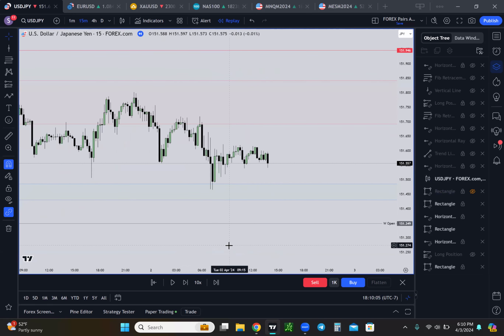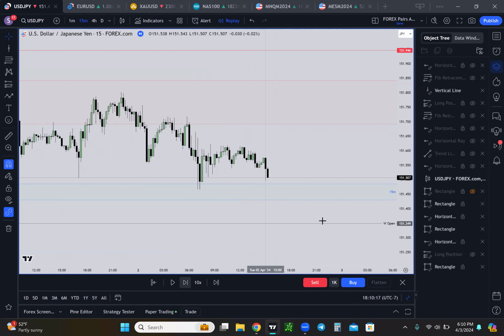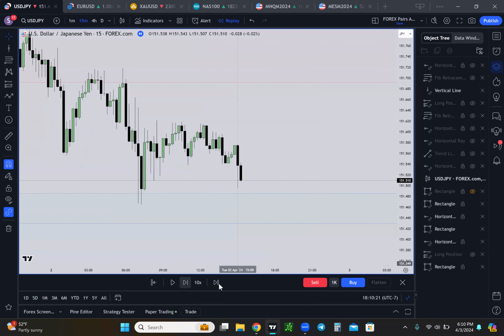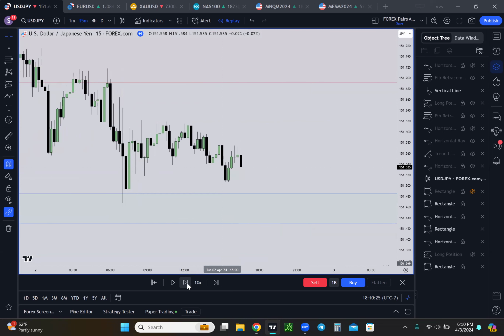So as we come into the session, Asia session begins right there at that vertical line. So I'm not going to do anything prior to that. So now we're in Asia session. Still not doing anything. And you could ask me, well, why not take a short position here? Why not go short? Well, I want you to look at something.